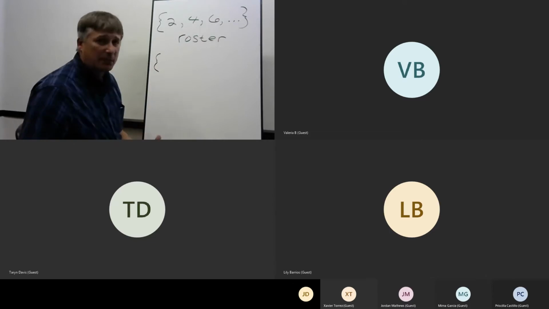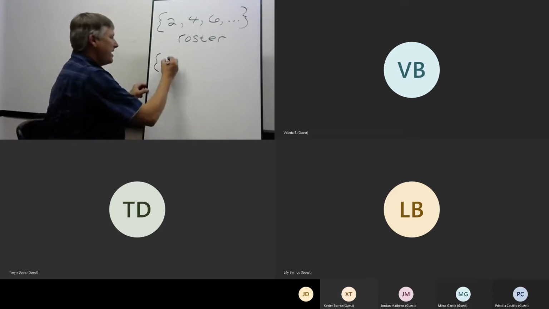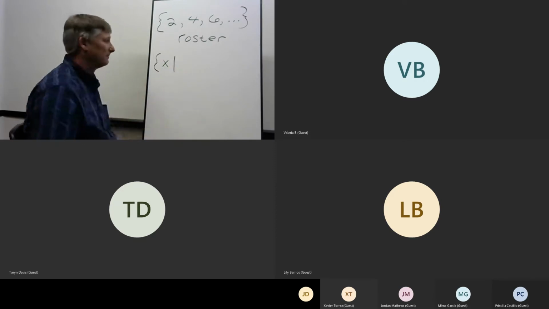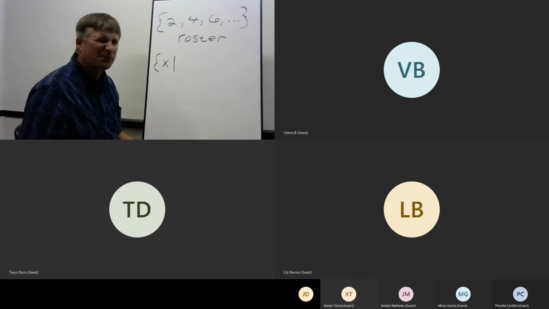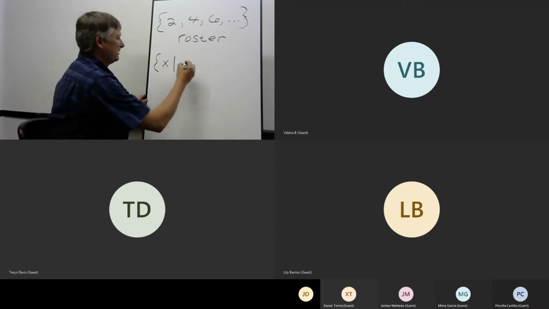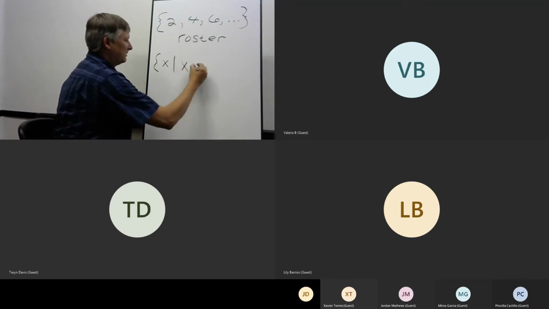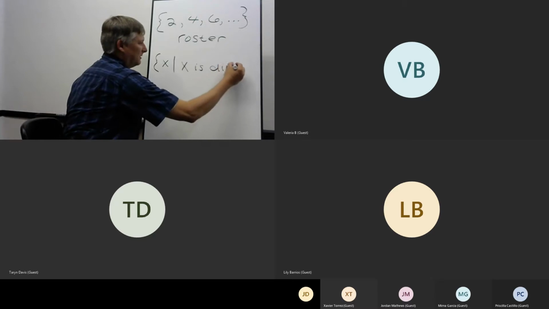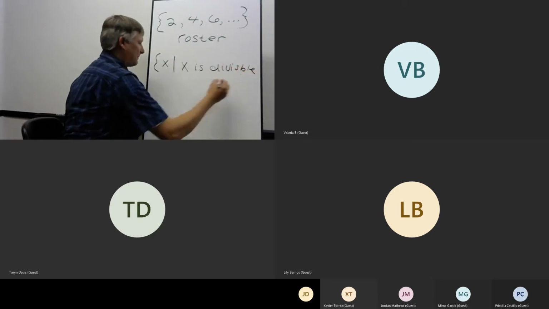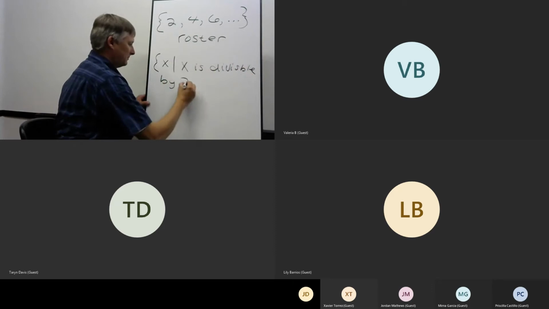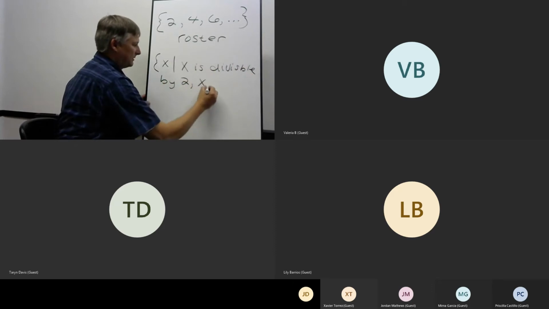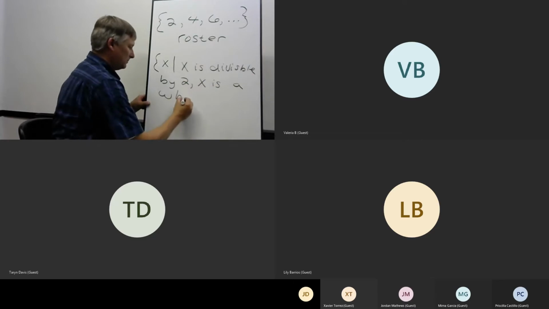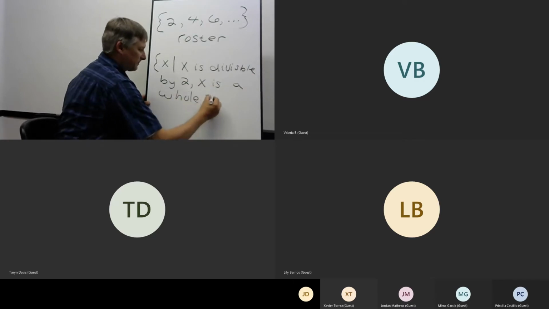The set of even numbers is any element x such that, again, this is all just kind of formality, such that x is divisible by 2, x is a whole number.